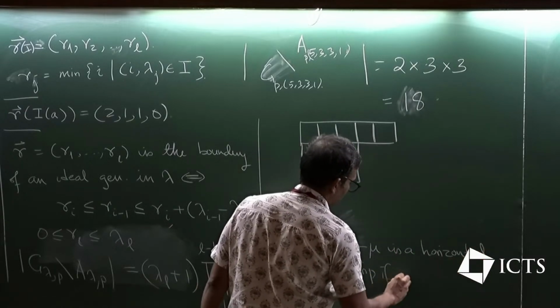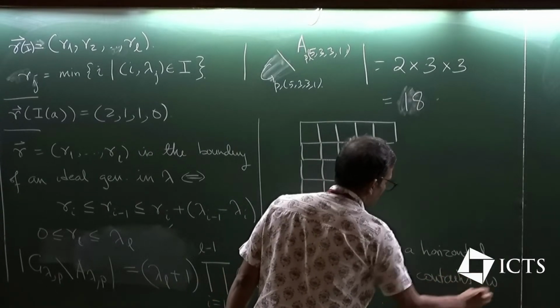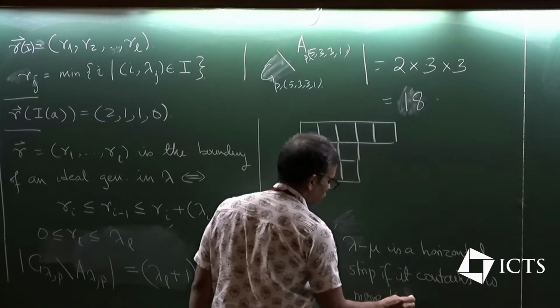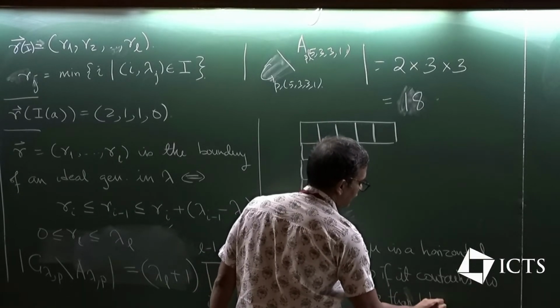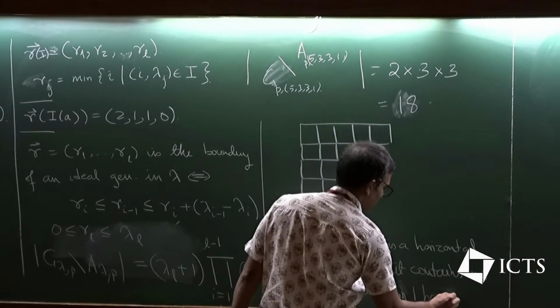if it contains no more than one box in each column. These boxes are actually, I think you should call them cells, but anyway, each column.